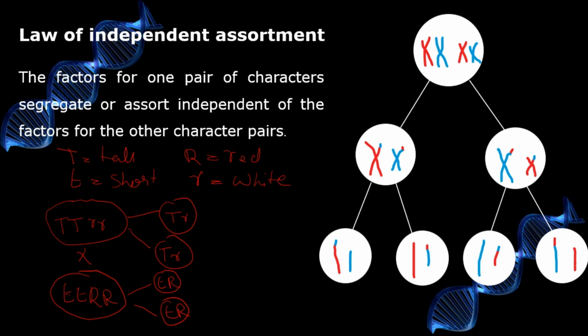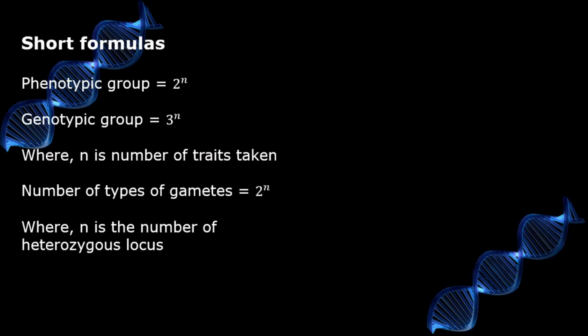Now we can check some short formulas in the case of genetics. With an example, I will explain. To get the number of phenotypic groups, we can take 2 raised to n, where n is the number of traits taken.